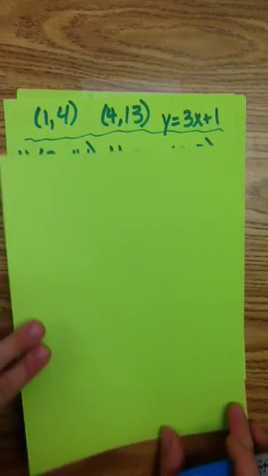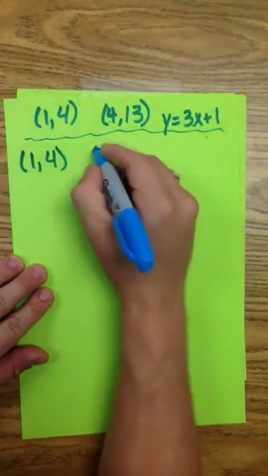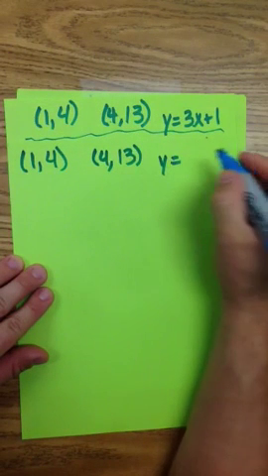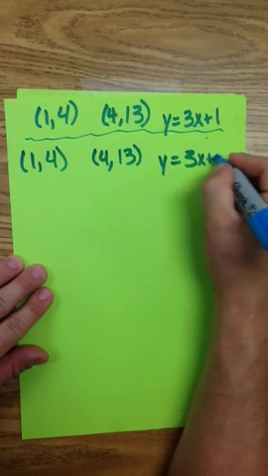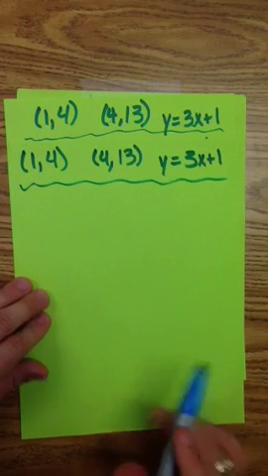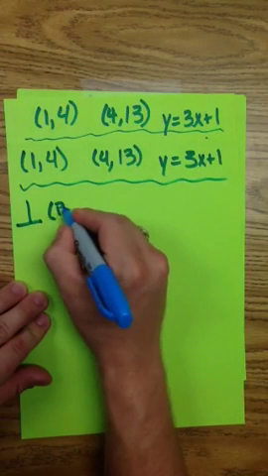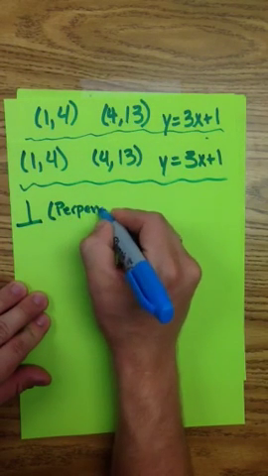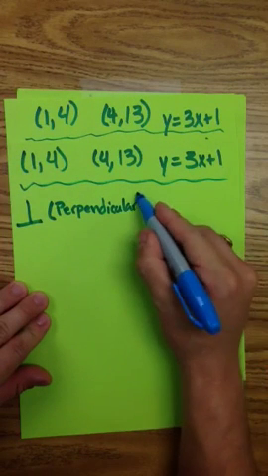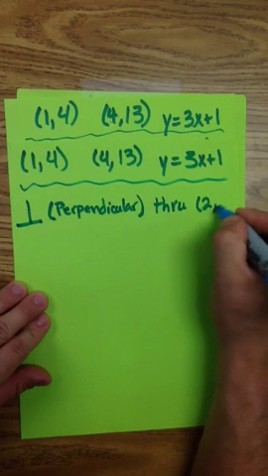What if I had started with 1, 4 and 4, 13, which we found was y equals 3x plus 1. But instead of saying I want a line parallel, I said I want a line perpendicular through 2, 3.